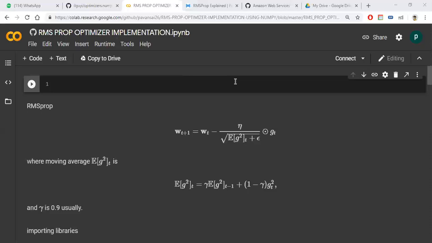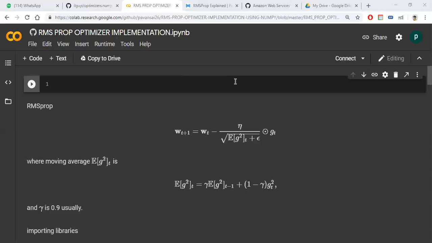If it is a large gradient, we can decrease the step size, and if it is a small gradient, then we can increase the step size. This can reduce the problem of vanishing and exploding gradients. This is the main advantage of RMS prop and the moving average.